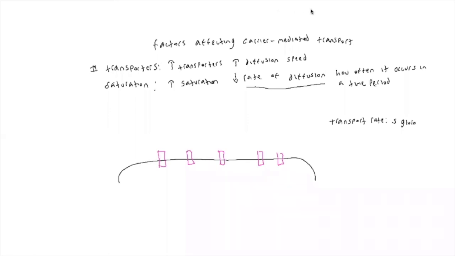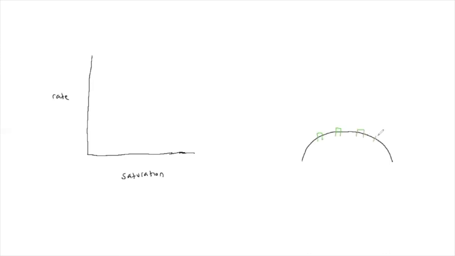So I'm actually just going to go ahead and clear the whole thing. Enzyme saturation curve. X-axis is going to be concentration. Actually, we'll do this as saturation. And the y-axis is going to be rate. Now I'm going to draw a cell membrane that is going to have, I'll just say, 5 GLUT carriers.